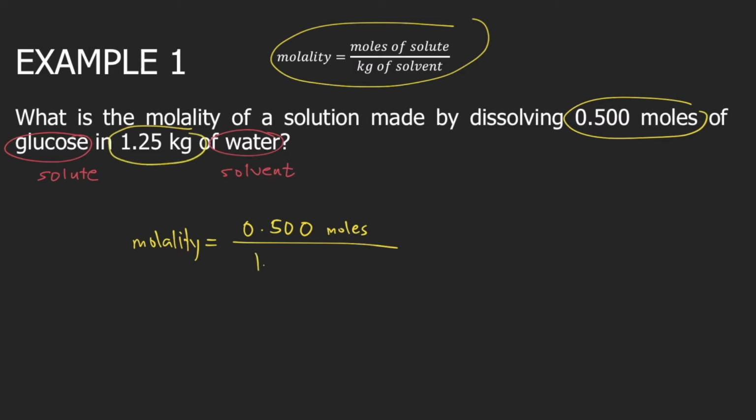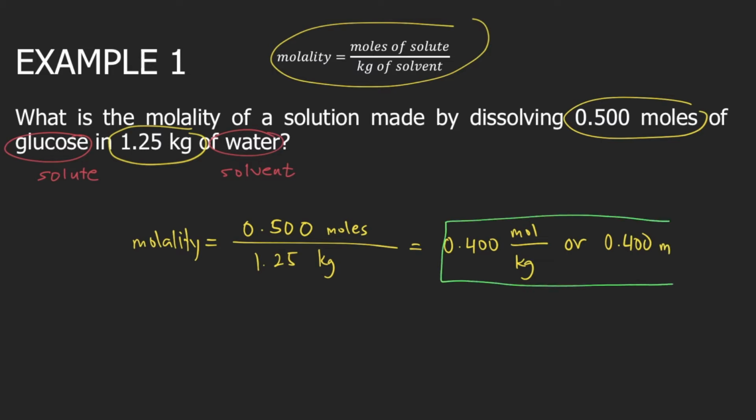So we have 1.25 kilograms. 0.5 divided by 1.25, this is equal to 0.4. And the unit is mole per kg, or 0.4 molal, lowercase m. This is the answer to the question.